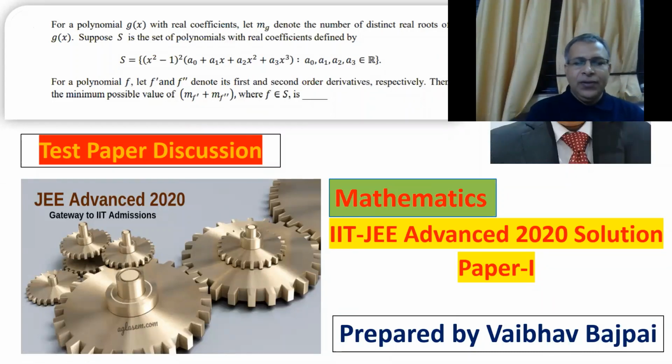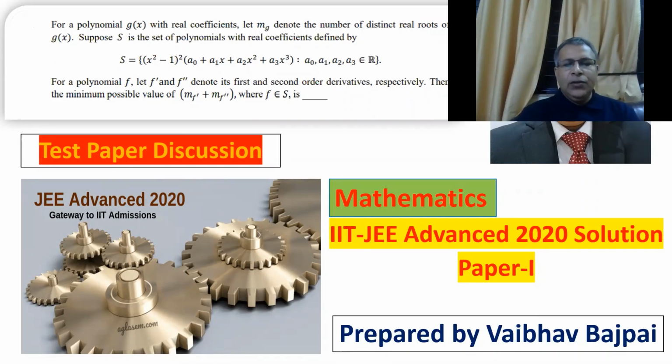After the successful IIT-JEE Advanced lecture series, I am coming up with the IIT-JEE 2020 Advanced test paper discussion and analysis. This year, the paper was conducted yesterday by IIT Delhi, and there were two papers, paper 1 and paper 2.